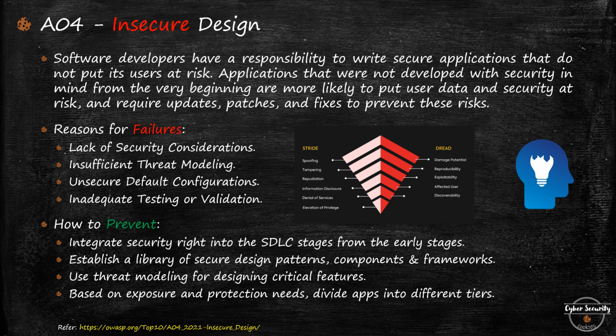I would suggest you go through the threat modeling options. And one of the key things is you can avoid exposure and do the protection by using app tiering. That means you can have different tiers within the application itself, or you follow a multi-tier architecture.